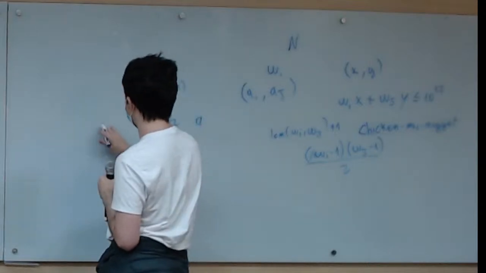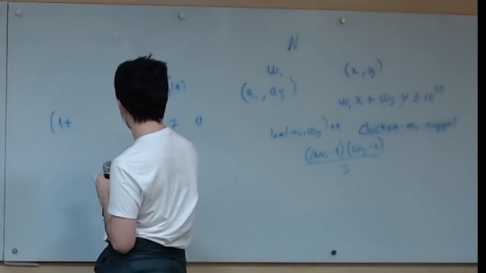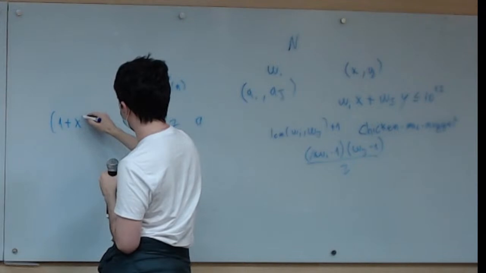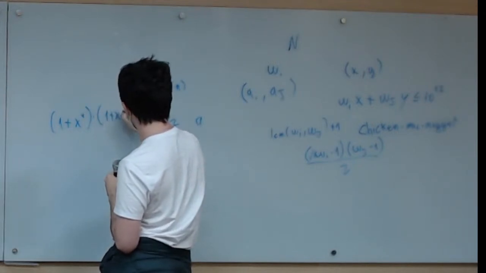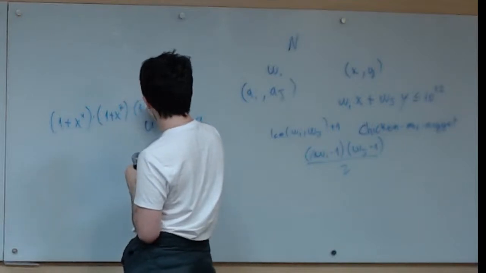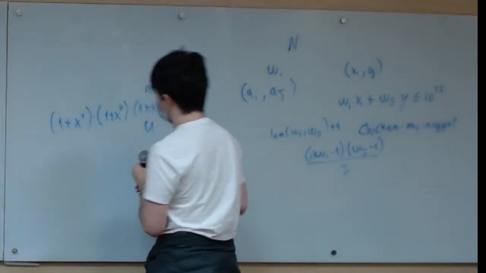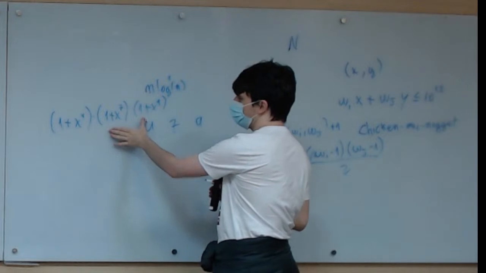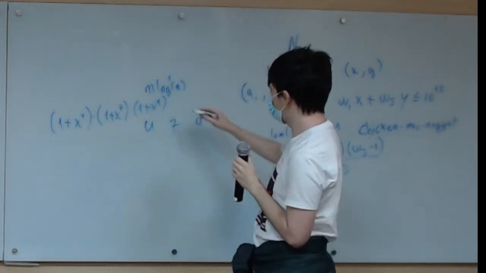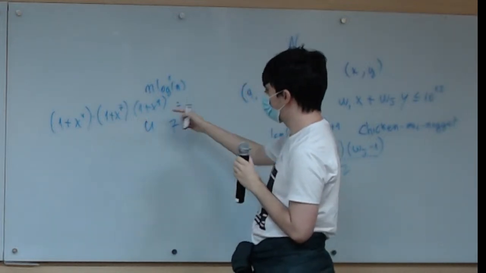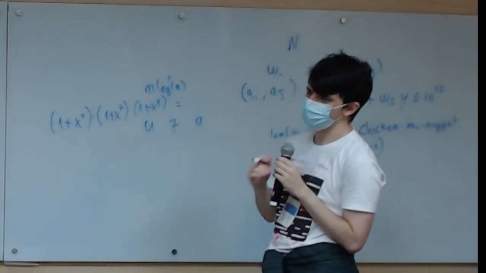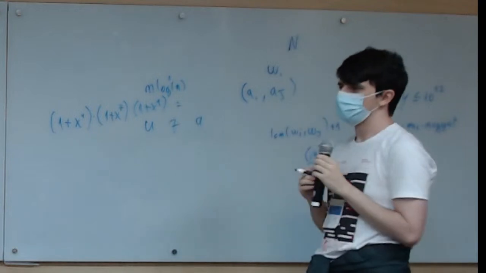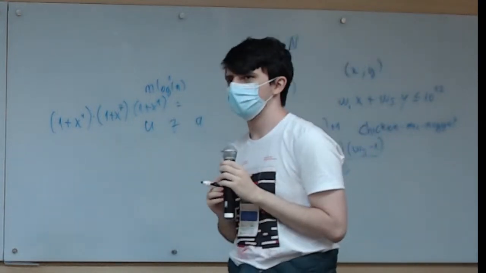Then you take the next polynomial, that is x to the power 4 plus x to the power 7 plus x to the power 9. After multiplying this, it will give you some polynomial, and the exponent of each x is a value that you can reach by doing the abstract problem. Questions?